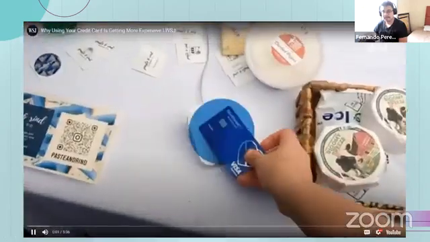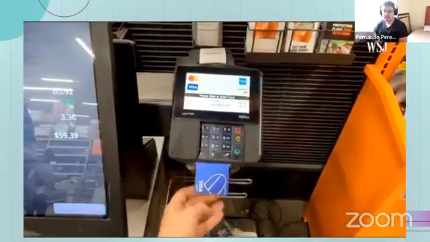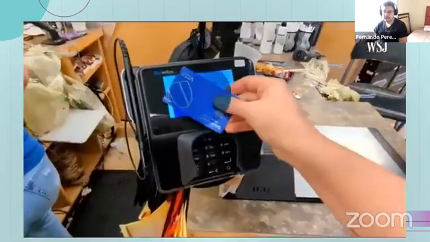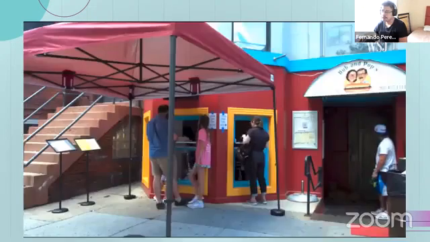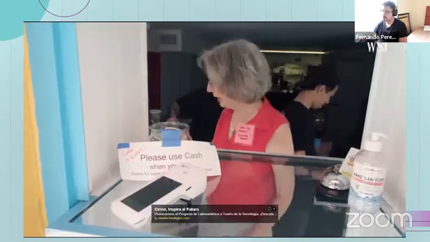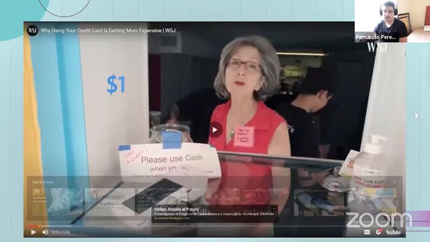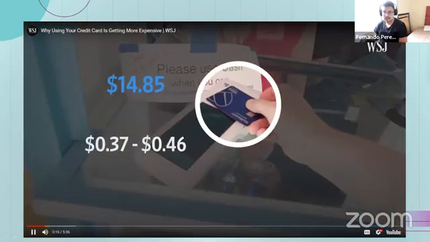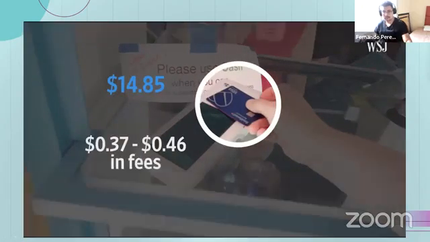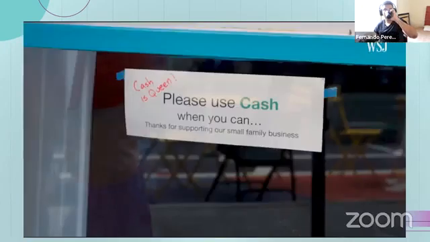Every time you use your credit card, a whole series of behind-the-scenes steps and fees kicks in. But this system has been getting more and more expensive. Okay, your total will be $14.85, please. This $15 lunch probably cost the shop around 37 to 46 cents in various fees. It adds up, and it's why this place prefers cash.